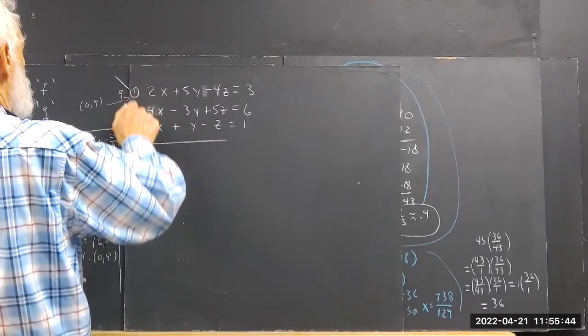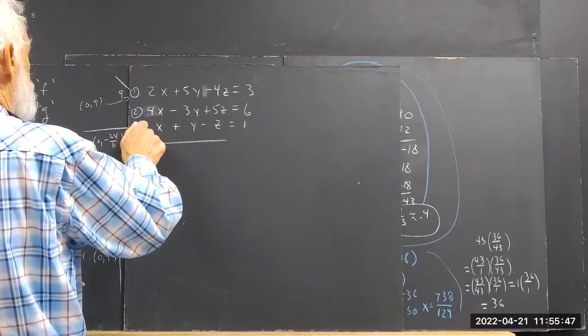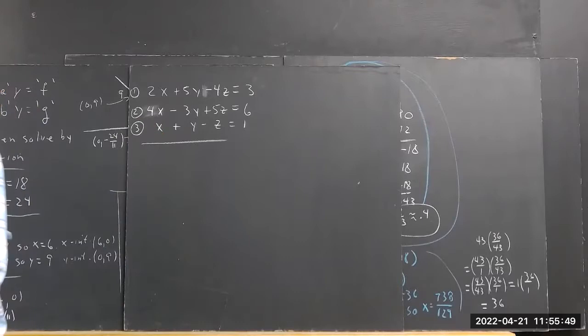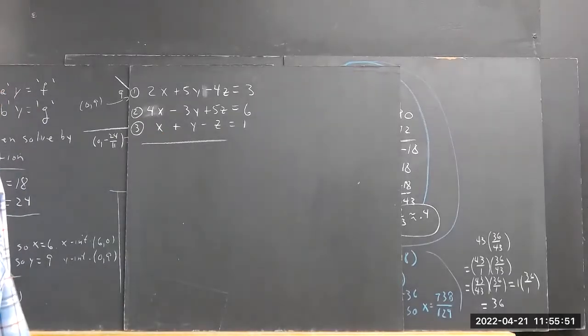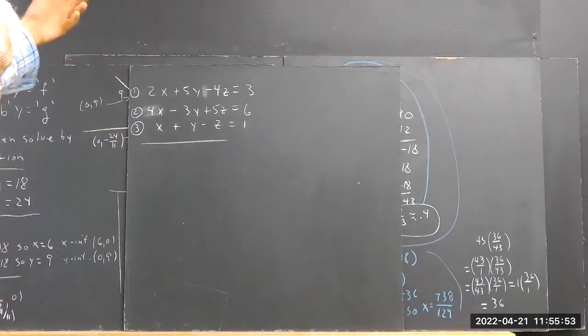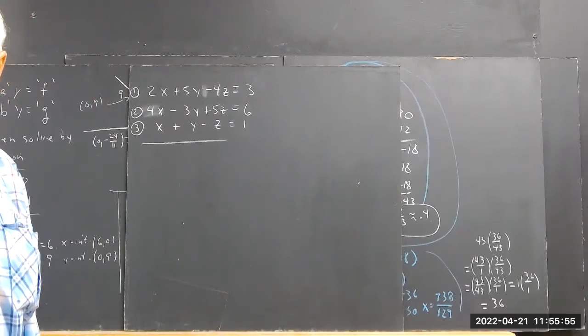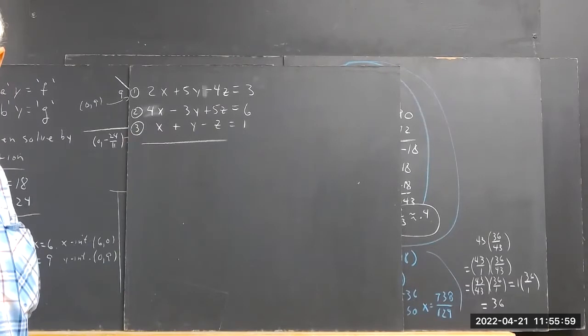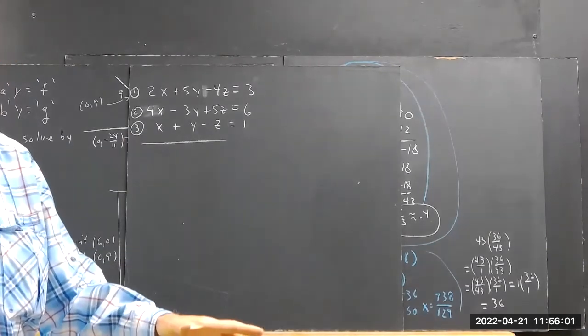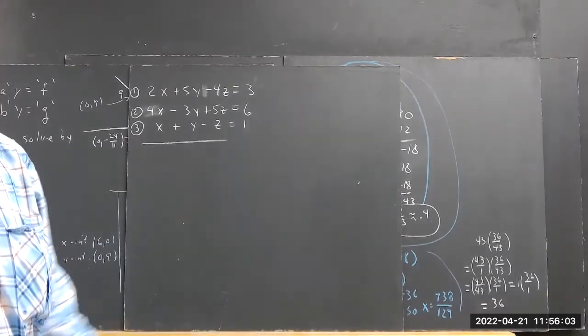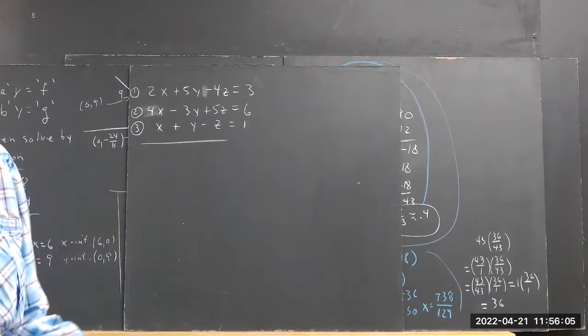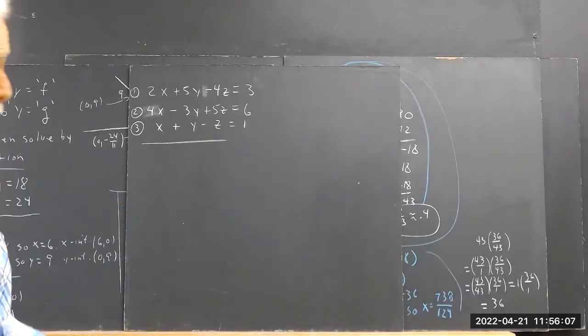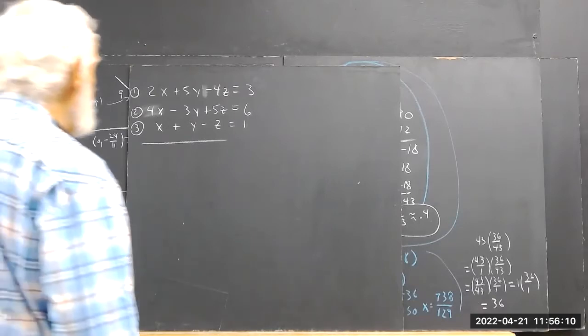Let's call this equation 1, call this equation 2, call this equation 3. Now, the easiest thing to do, it turns out, is just write these equations in a different order, with the first one first. I'm not going to do that right now, but I'll explain after we do this why that would have made it a little bit easier, but it's not going to be too hard.